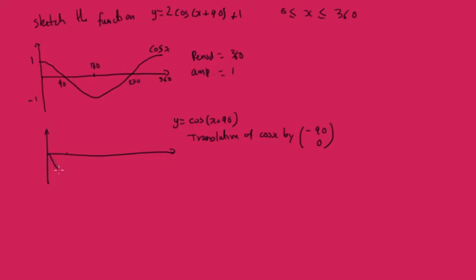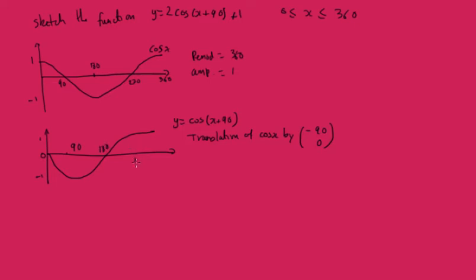And it's going to go down and along. So we've still got minus 1 and 1. This is now 90. What was 180 now goes to 90. What was 270 now goes to 180.